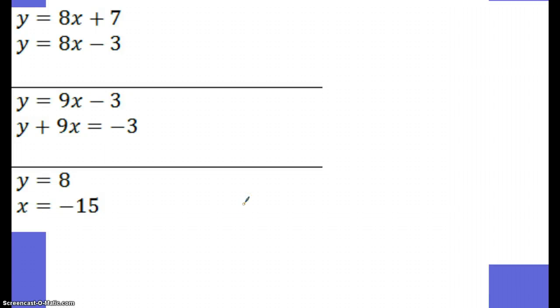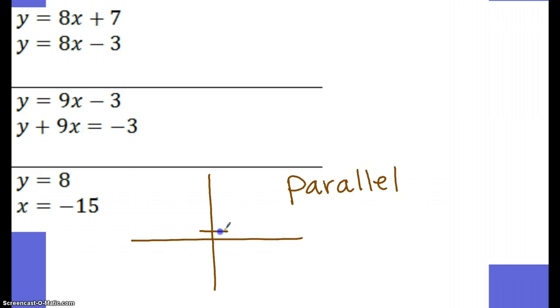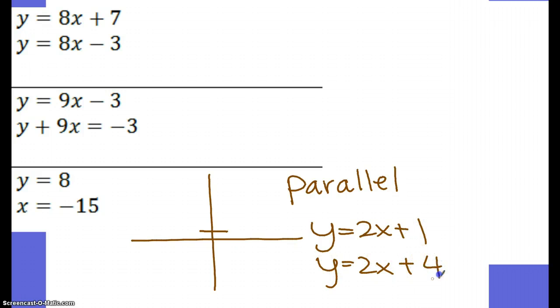Parallel and perpendicular lines, we're going to go through what the differences are. So parallel, remember parallel lines, if I draw a line on a graph, so let's say I've got the equation y equals 2x plus 1 and y equals 2x plus 4.